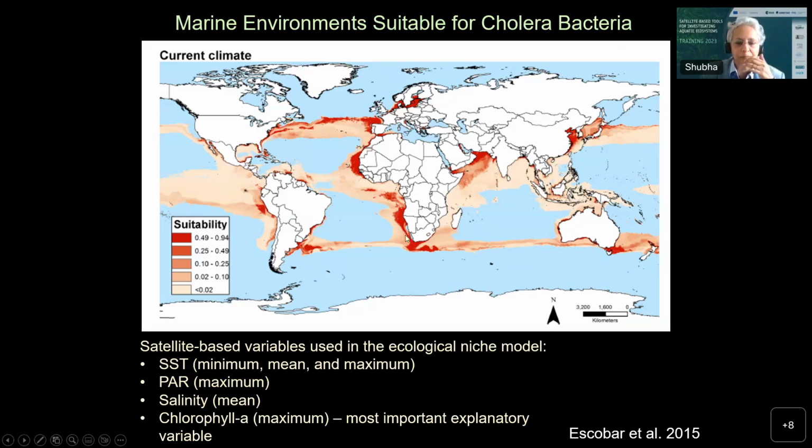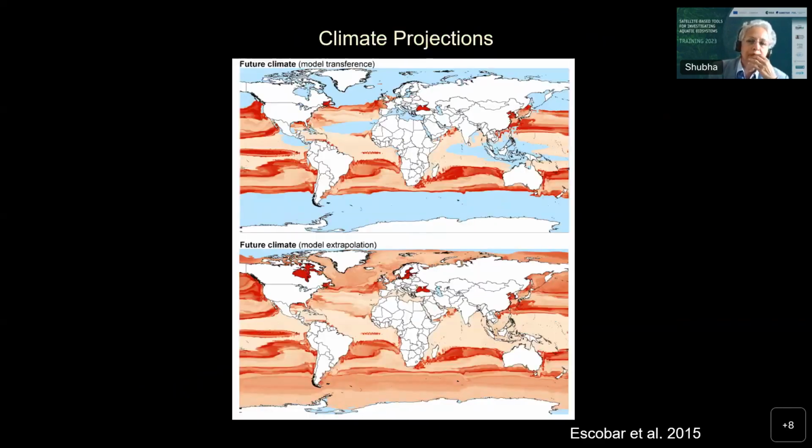do well. Then they took this brave step of looking at what would happen in the future as temperature predictions change. I mean, temperatures change according to climate projections. And their result was that depending on how we projected into the future, the areas that are susceptible to these infections can only increase in the future.